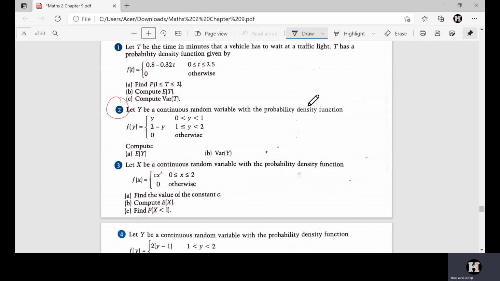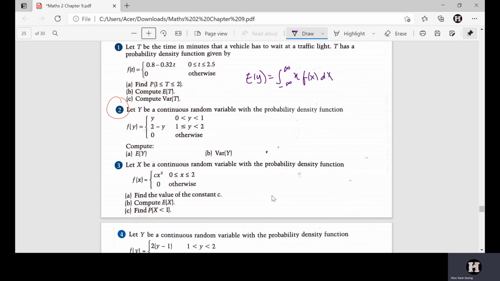So now, from this probability, they ask you to compute EY and then the variance. So as I say, EY is the integral from negative infinity to infinity of x f(x) dx.